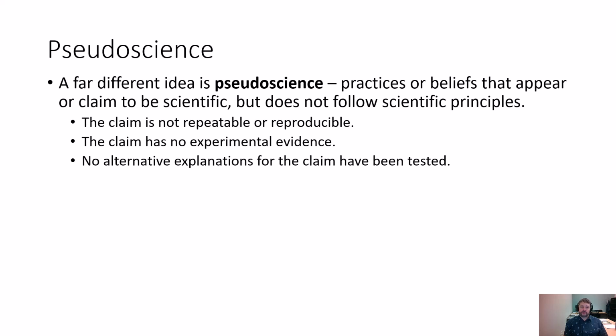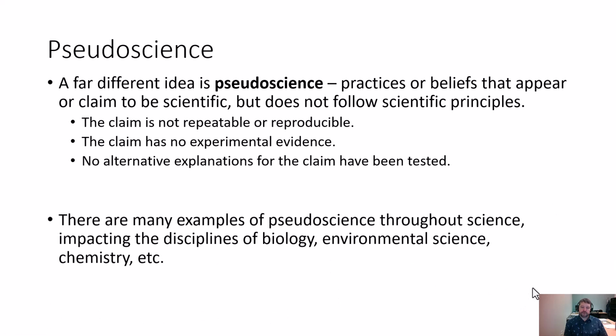And so that's not to say that couldn't be science, but it's incomplete science, and therefore gets labeled as a pseudoscience. Okay? There are many examples of pseudoscience, especially in environmental science and biology, and they can have long-lasting impacts.